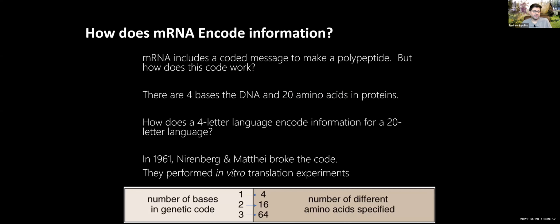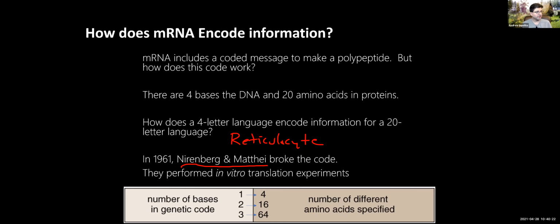So the way this was hammered out, the way we discovered this, there was this group of researchers who used basically precursor red blood cells from rabbits called reticulocytes. A reticulocyte is an immature red blood cell.